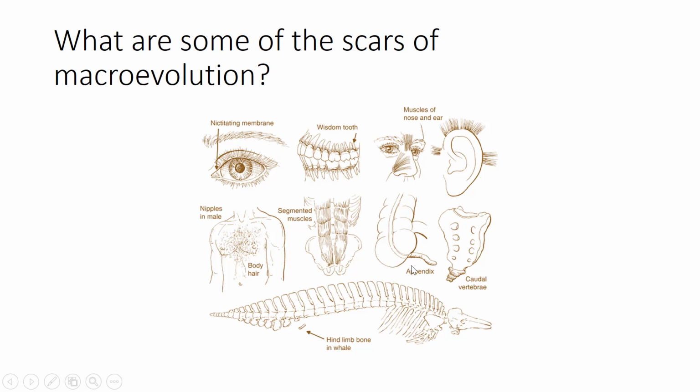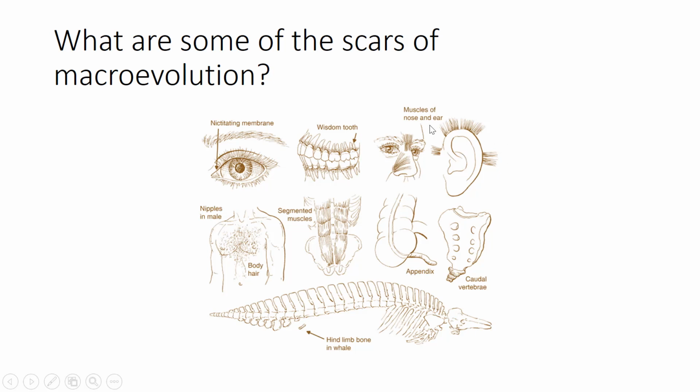The appendix is a place where healthy gut bacteria reside and in some way carry out their normal function, keeping our normal gut bacteria healthy. Our caudal vertebrae, a necessary place for muscle attachment to help keep us upright and to cushion us when we sit.